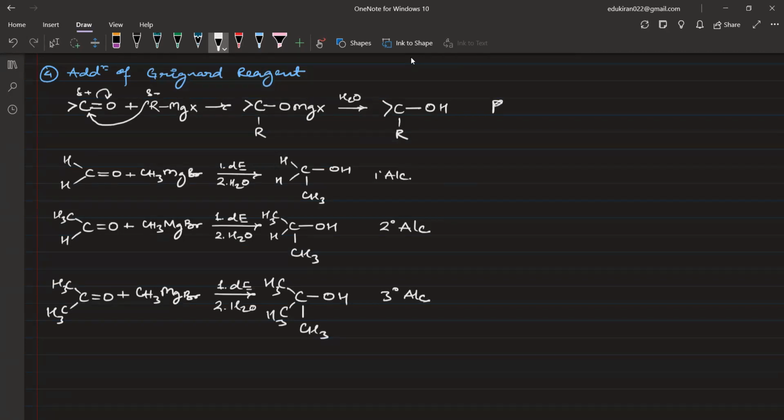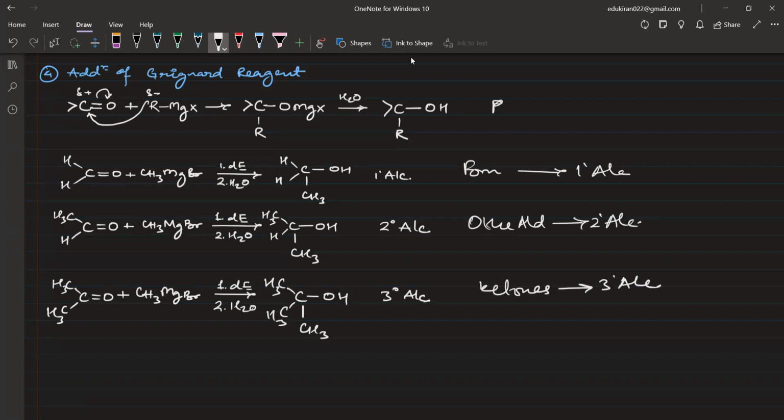So formaldehyde, 1-degree alcohol. Other aldehyde, 2-degree alcohol, and ketones give you 3-degree alcohol when treated with Grignard reagent.